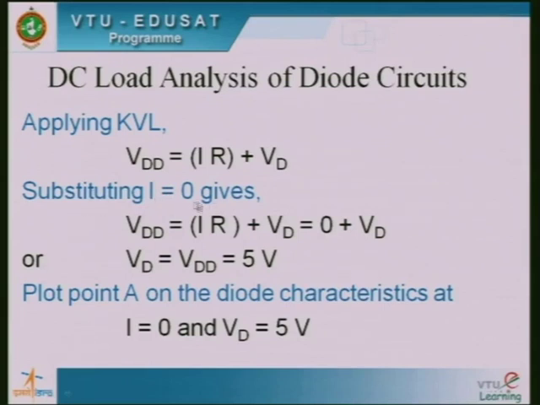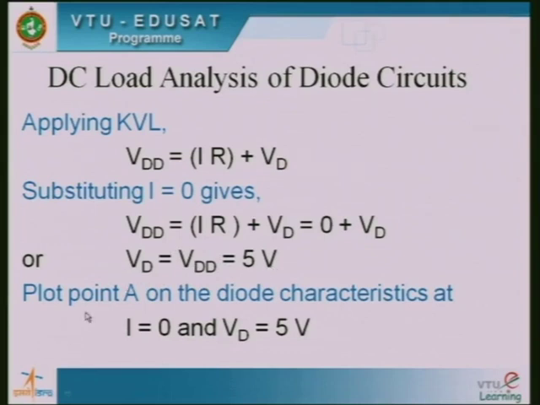First, to get point A, we need to substitute I equal to 0. Then VDD equals 0 plus VD, so VD equals VDD. The given value of VDD is 5 volts, therefore VD is 5 volts.